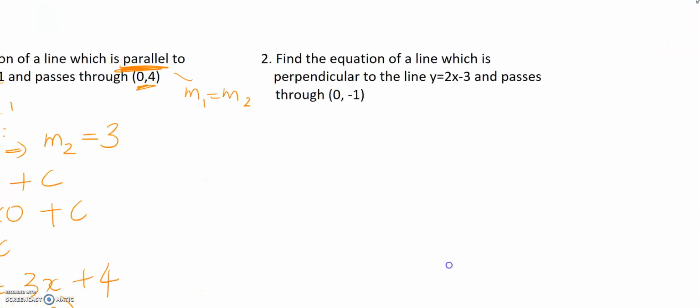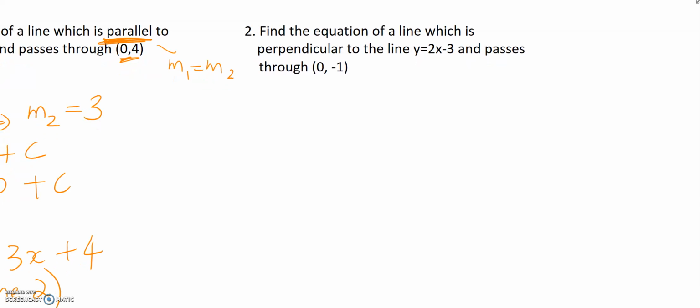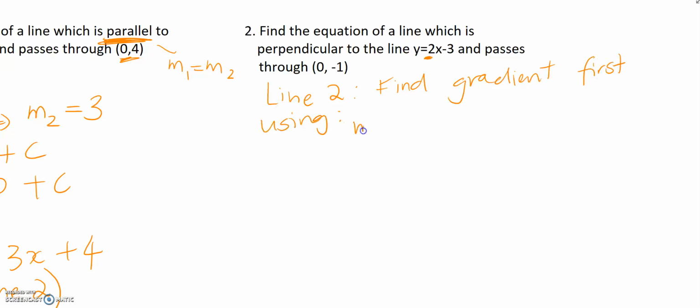Now, when it's perpendicular, it's slightly different, because first we have to work out what the gradient is. So for line 2, you find the gradient first using M1 times M2 equals -1.